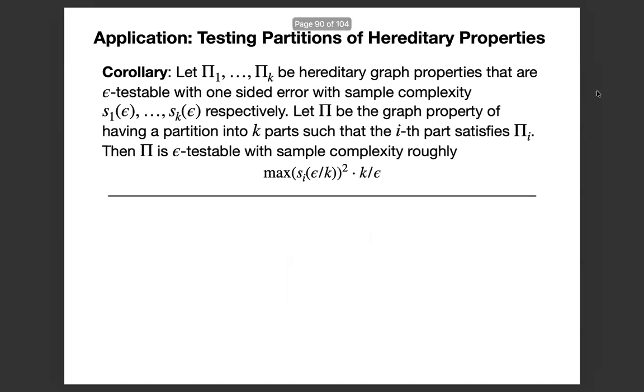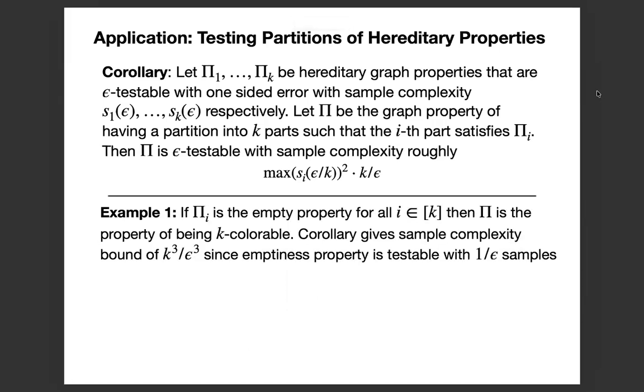So to give you an example, one of my favorite properties, the k-colorability property. Imagine that each pi i is the emptiness property. Then when I construct this big pi property, this is the k-colorability property.